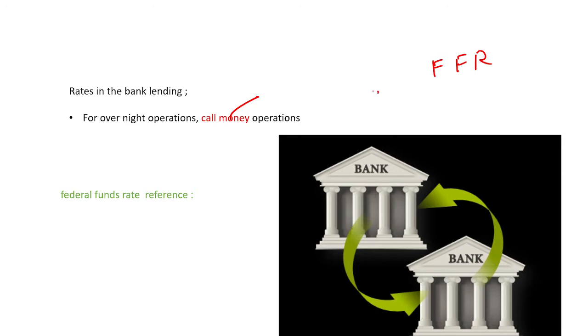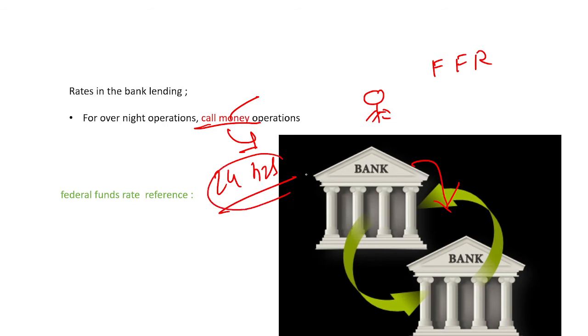They give loans to individuals and to other banks as well, right? When a bank lends money to other banks for overnight purposes, that operation is called call money, right? In call money, a bank gives a loan to other banks only for a 24-hour window, right? So this is one of the crucial operations in banking, right?